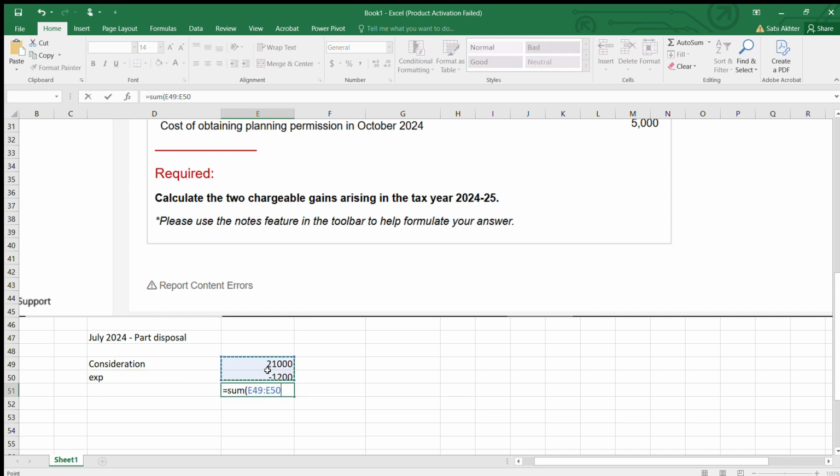Now we'll be doing a sum function. Then we will be deducting the part cost. Here we have to do the fraction.